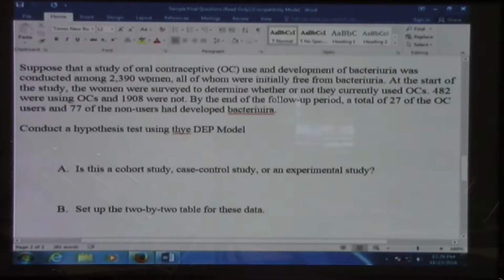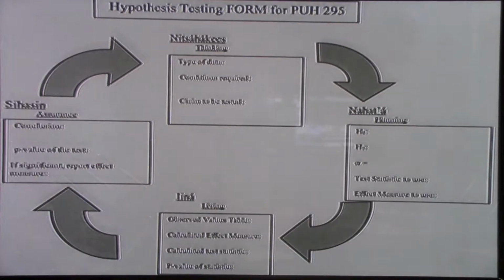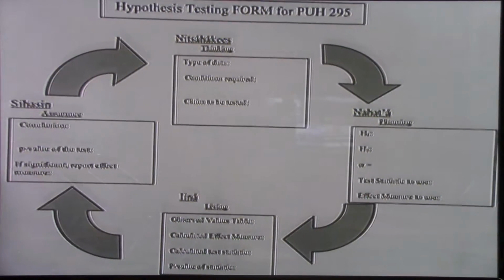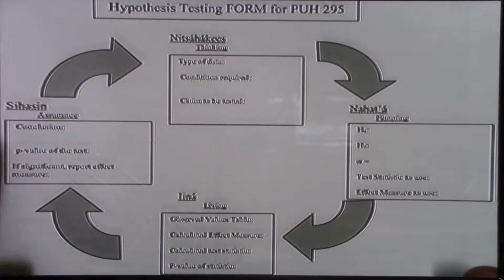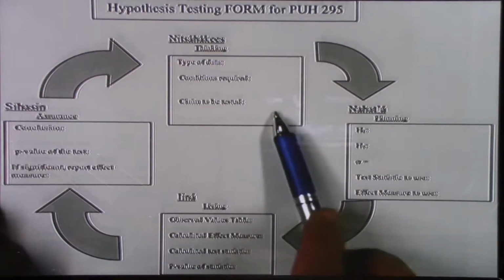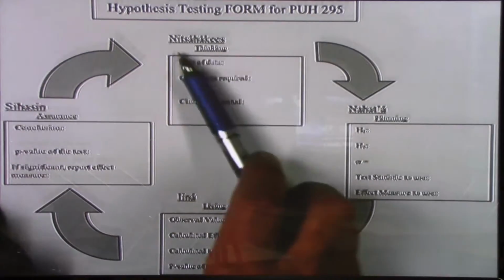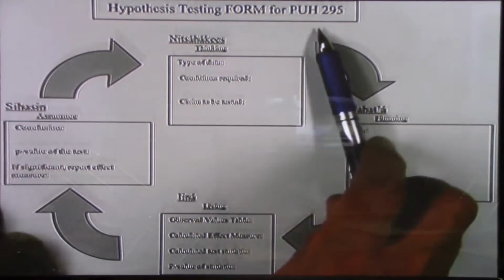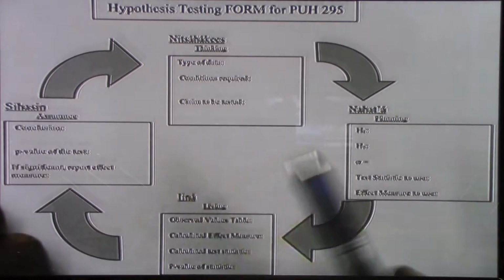Okay, so let's go to the form. Starting out here, I realized that on the screen, what's written on here is probably not totally legible. It's the hypothesis testing form for PUH 295, so that's us.